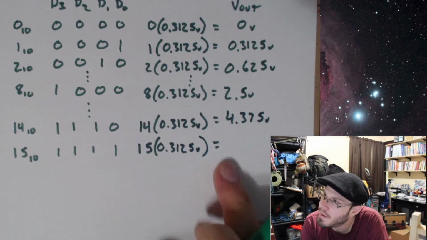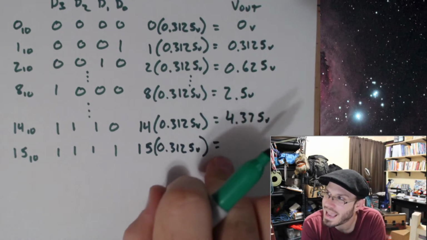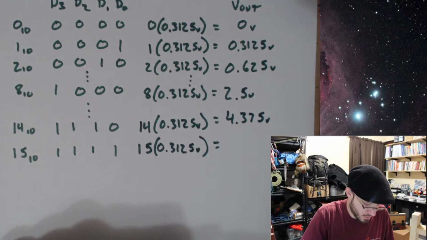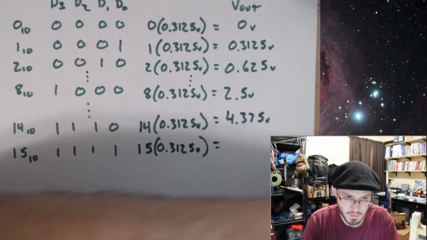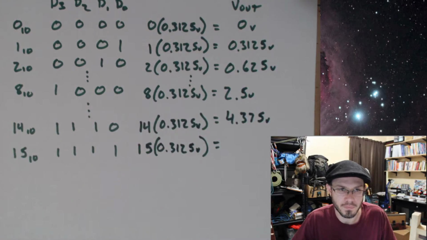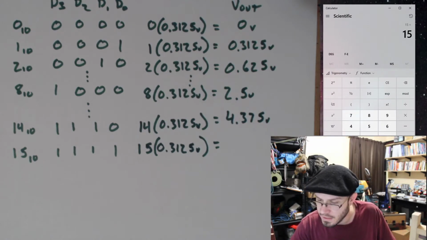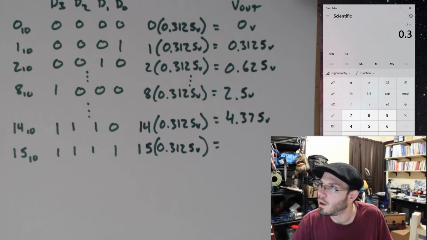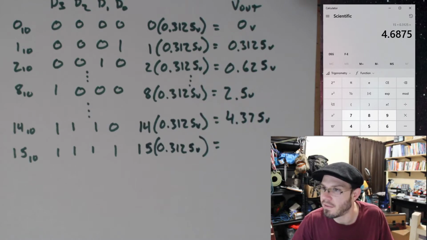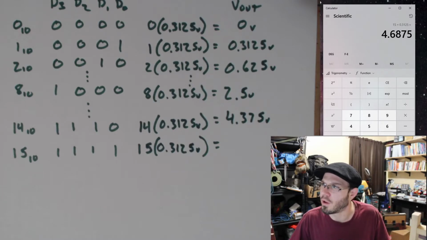And now this should be the largest voltage that we get out of this. I'm going to go ahead and do this calculation. 15 times 0.3125. It's 4.68. It is not 5 volts.